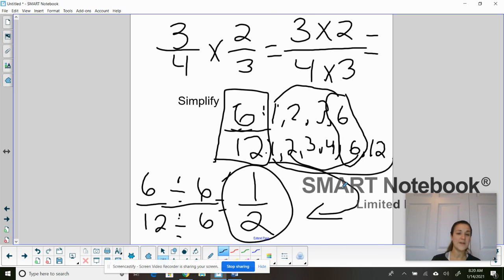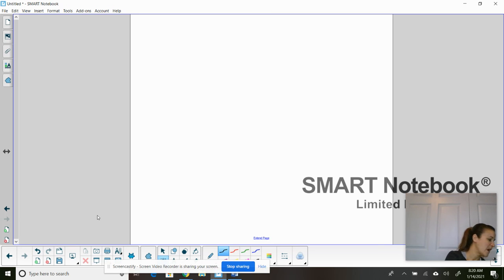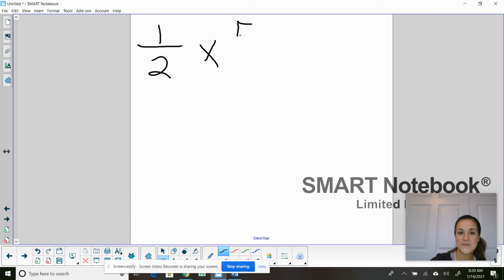Okay, so that is multiplying fractions just by multiplying the numerators and the denominators. I'm going to give you 2 problems to work on right now. So I would like you to multiply 1/2 times 5/6.